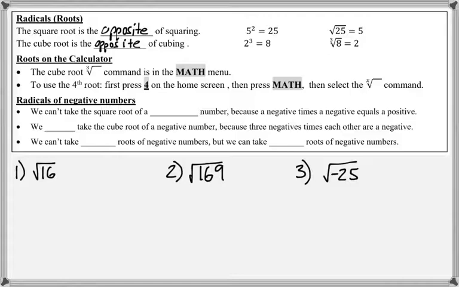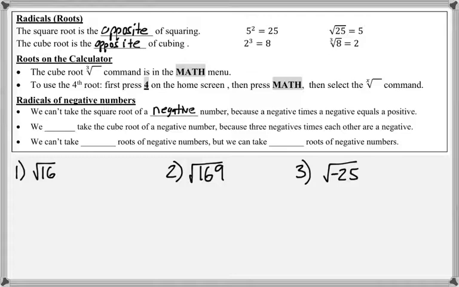Radicals of negative numbers. We can't take the square root of a negative number. This is really because a negative times a negative equals a positive. So there's no way that I can multiply the same number by itself and get a negative number.